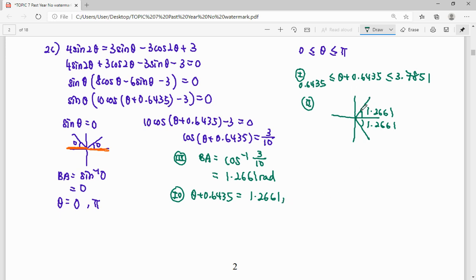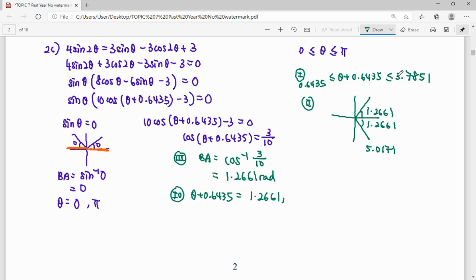Quadrant 2, we don't have. Quadrant 3, we don't have. Then we go to quadrant 4, where this angle is 2 pi minus 1.2661, which equals 5.0171. It exists outside our maximum range already.